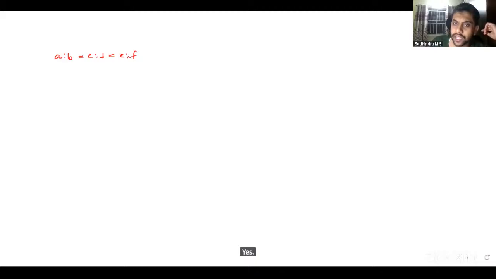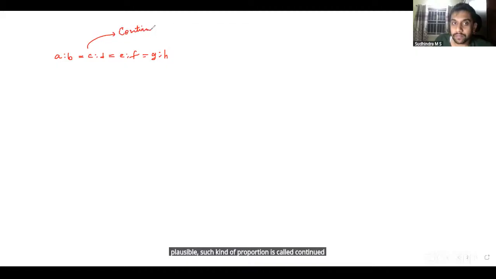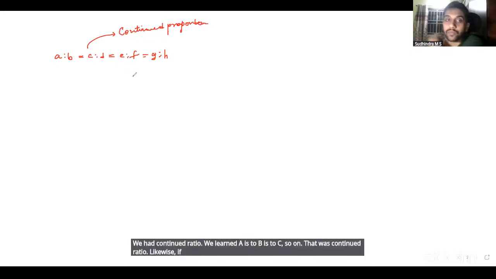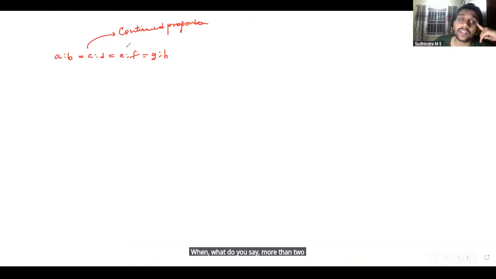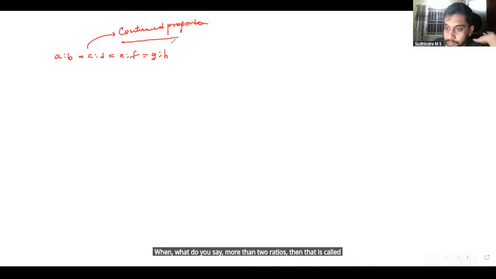Likewise, equality of 4 ratios? Yes, it is possible. Such kind of proportion is called continued proportion. We had continued ratio. We learned A is to B is to C, and so on. That was continued ratio. Likewise, if we have equality of more than 2 ratios, then that is called continued proportion.